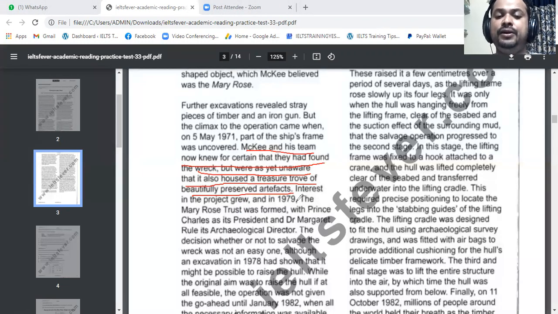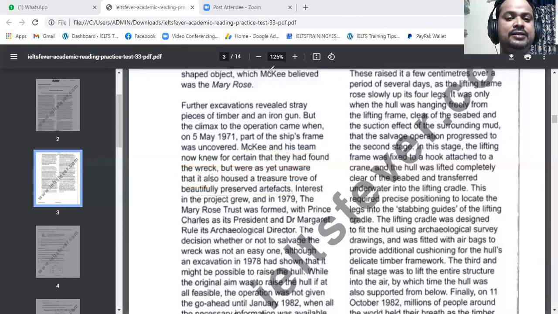No, they didn't know that. When they found the wreck, they didn't know that. They were yet unaware that it also housed a treasure trove of beautifully preserved artifacts. So this is the answer for this particular question.